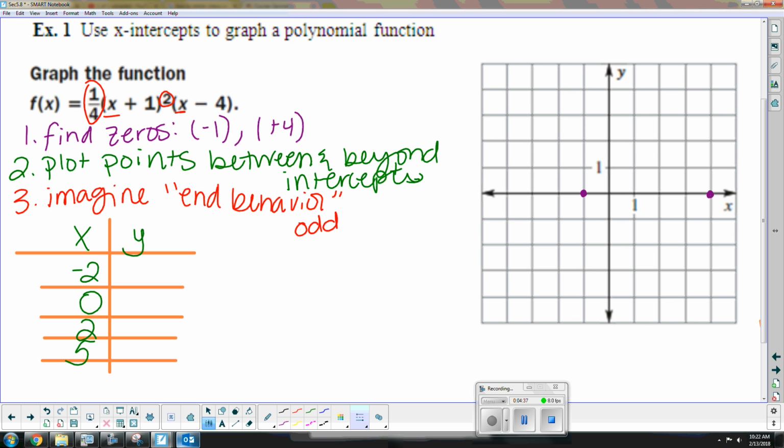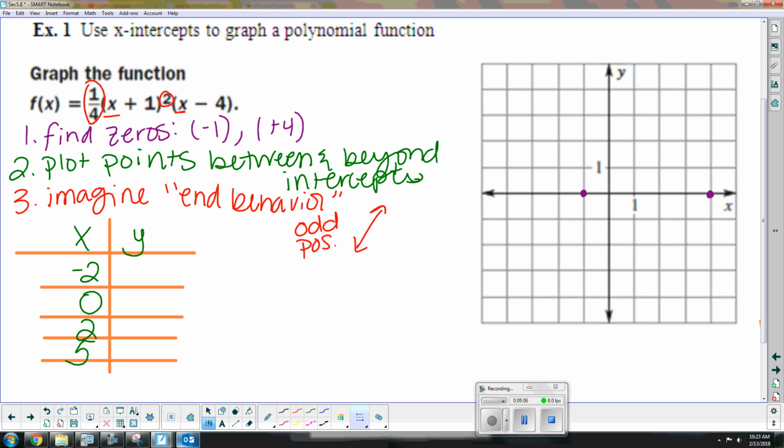And then here's our leading coefficient. It is positive. So our end behavior is going to look something like this. So as we plot our points, that's what our end behavior should look like. That's how we know we have enough points plotted. And again, the more points you plot between your intercepts, the more accurate your graph is going to look, but make sure that your end behavior correlates to what you imagine it should be.